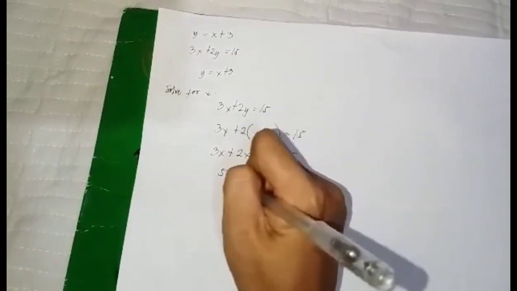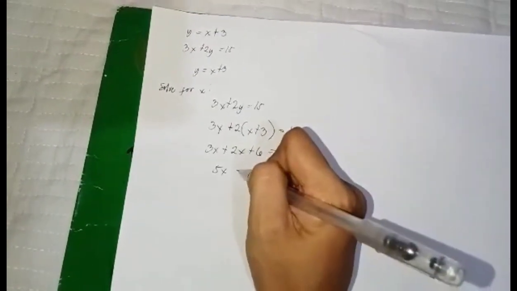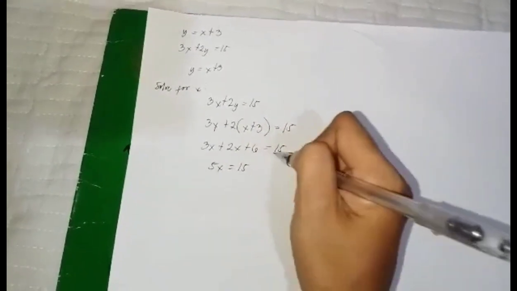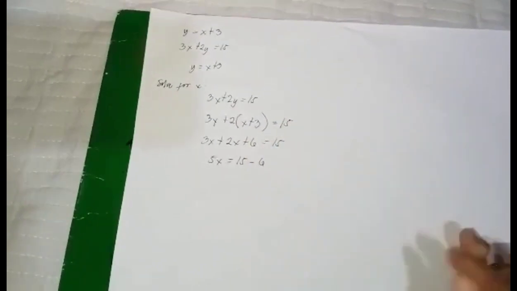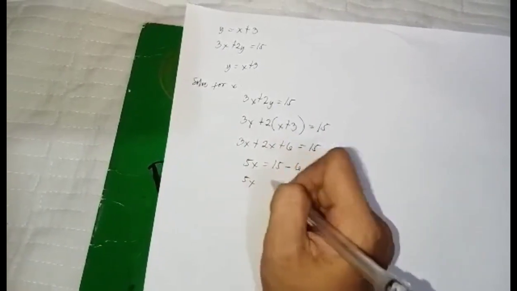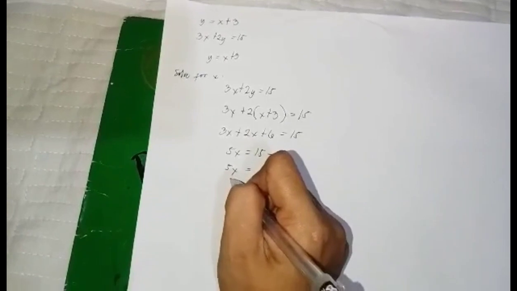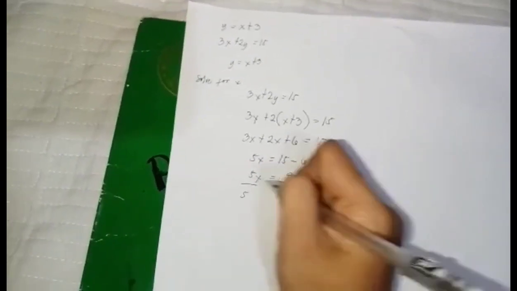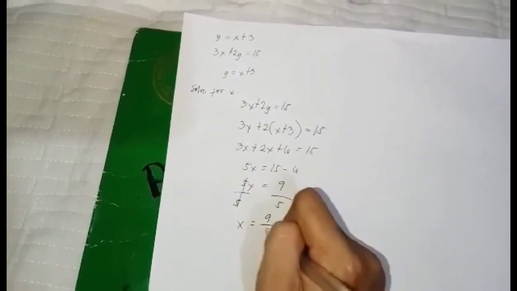Then, 5x is equal to 15 minus 6. Then, 5x is equal to 9. To isolate x, divide both sides by 5. What remains is x is equal to 9 over 5.